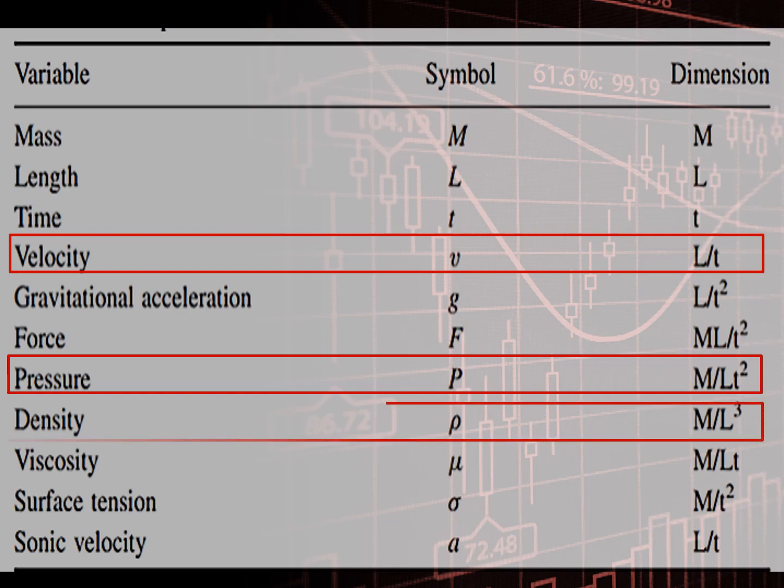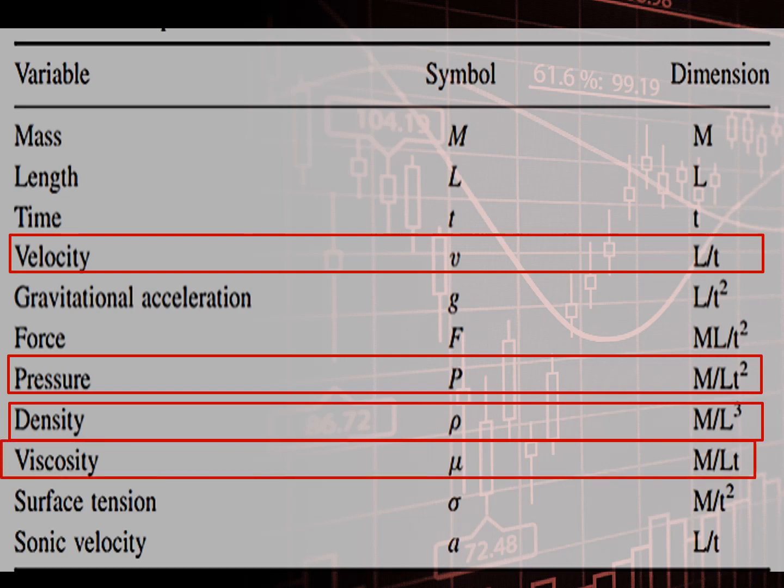Rho is equivalent to M over L cubed, or M times L raised to negative 3, while mu is equivalent to M over L T, or again, M L raised to negative 1 and T raised to negative 1.